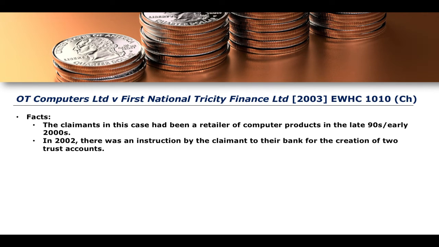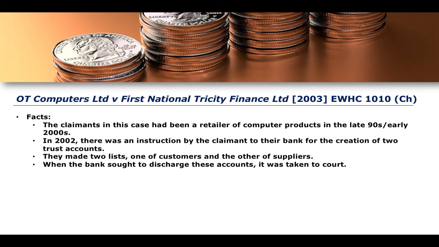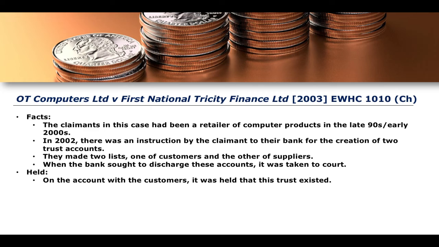In 2002, there was an instruction by the claimant to their bank for the creation of two trust accounts. They made two lists. They made a list of customers, and they then made a list of suppliers. When the bank sought to discharge these accounts, it was taken to court, and it was held that with the customers, there was a trust that had existed.